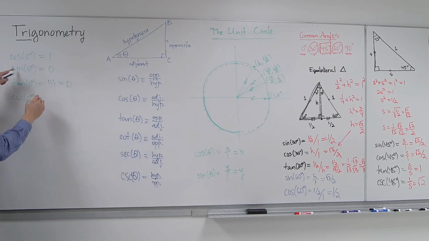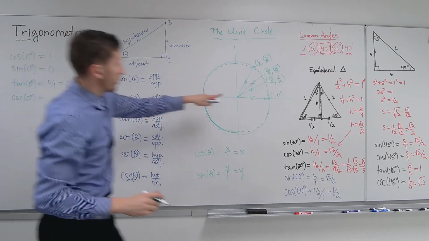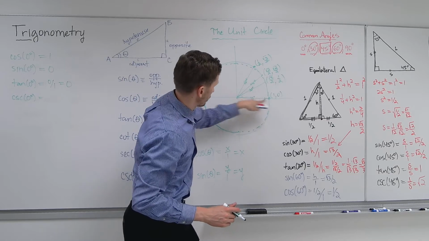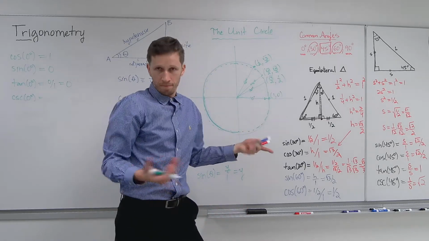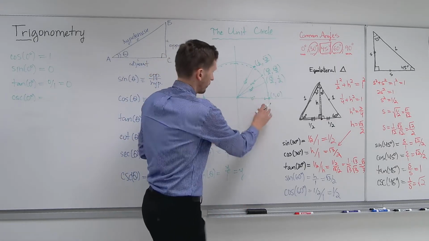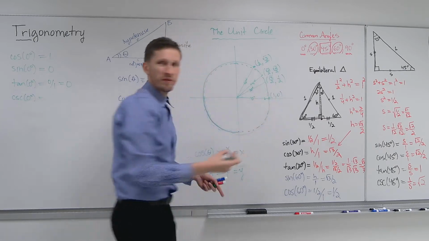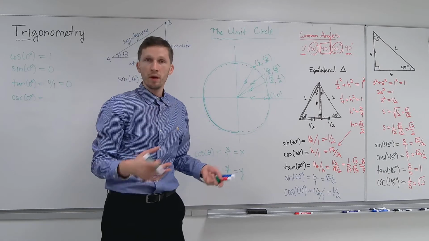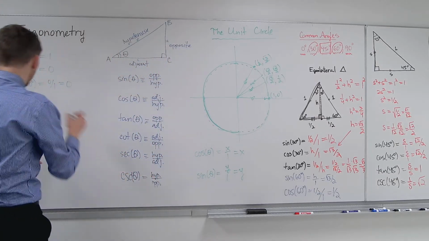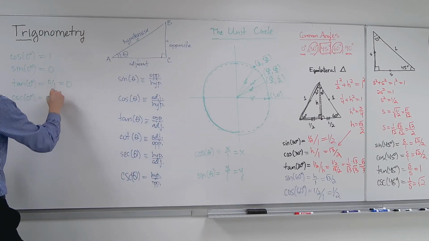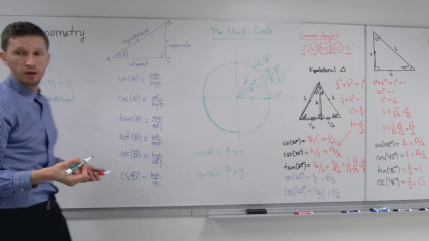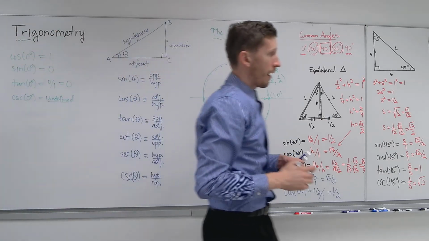That's 1 over the sine, or the hypotenuse over the opposite. Everything in the radius is 1, over the opposite, which is 0. Dividing by 0 is going to be undefined. That's why you sometimes see a U in the tables. Undefined. Cosecant of 0 is dividing by 0.